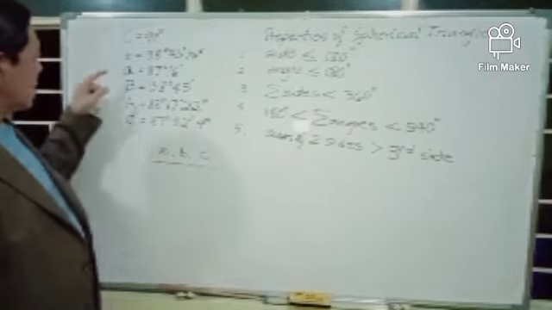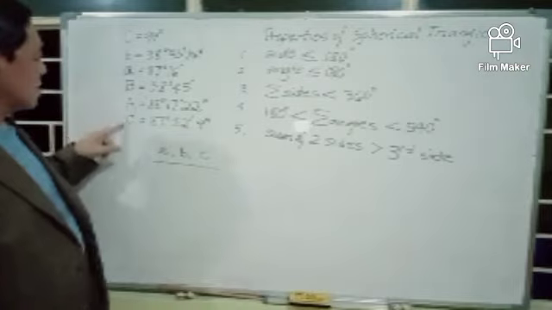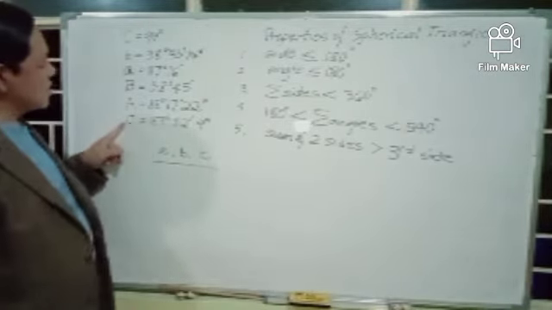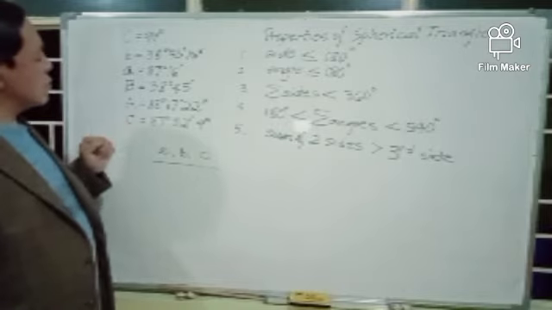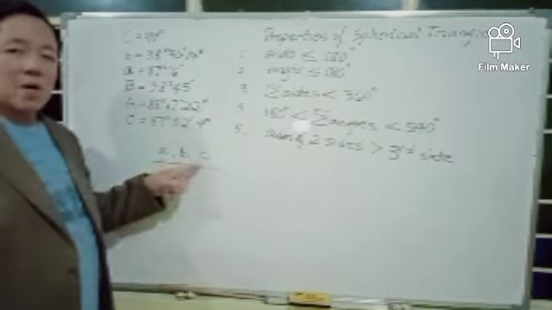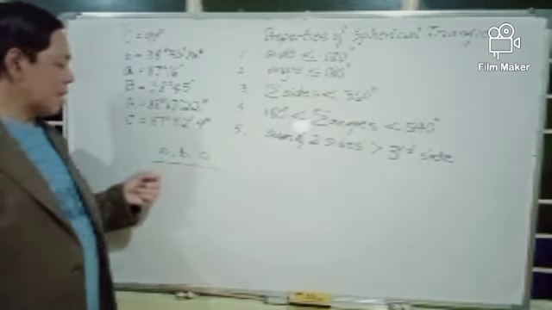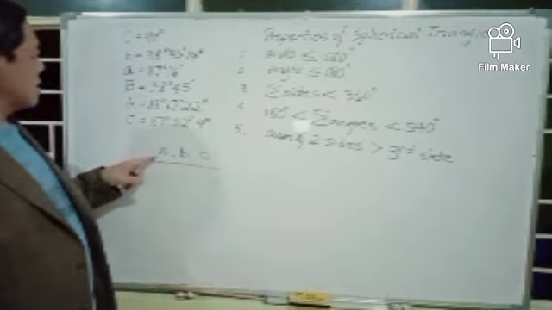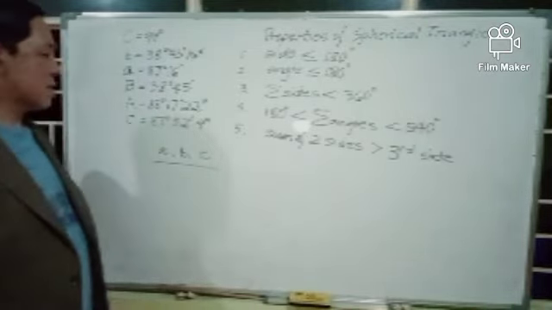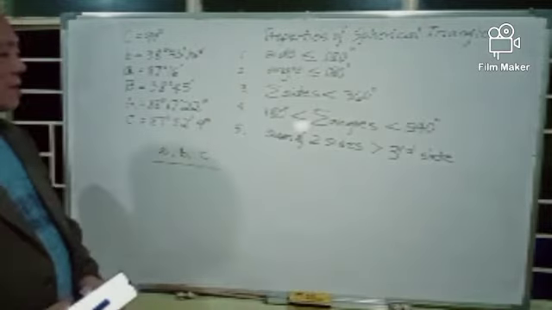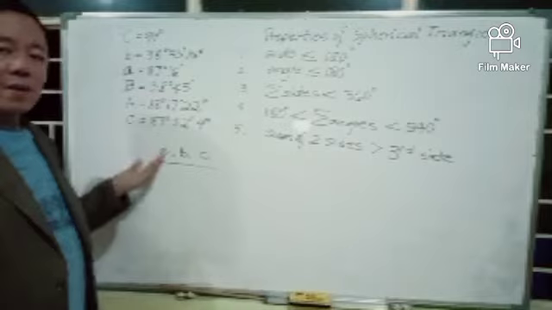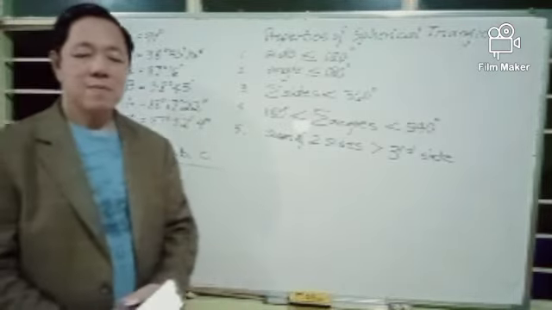Small b is 38, small c is 87 degrees, approximately 125 degrees, and that sum is greater than a, 87 degrees 16 minutes. Hence, the fifth property of spherical triangle is satisfied by our right spherical triangle.